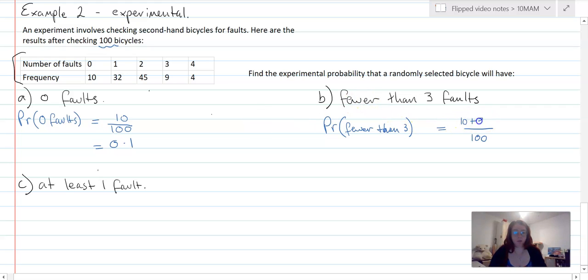So we can write 10 plus 32 plus 45. So that's going to be 87 out of 100. I think maths is right. 45, 55, 55, 87. Yeah. So that gives us a probability of 0.87. Or we can think of that as 87% chance that there's less than 3 faults.